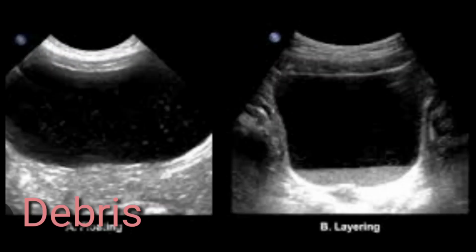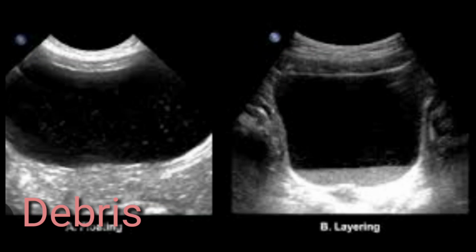Here on this slide again a comparison has been given. You can appreciate on the right side there is a urinary bladder with debris which is sedimented in the basal part and gravitates downward, and the rest of the area is anechoic, while on the left side you can see there are still low level internal echoes.